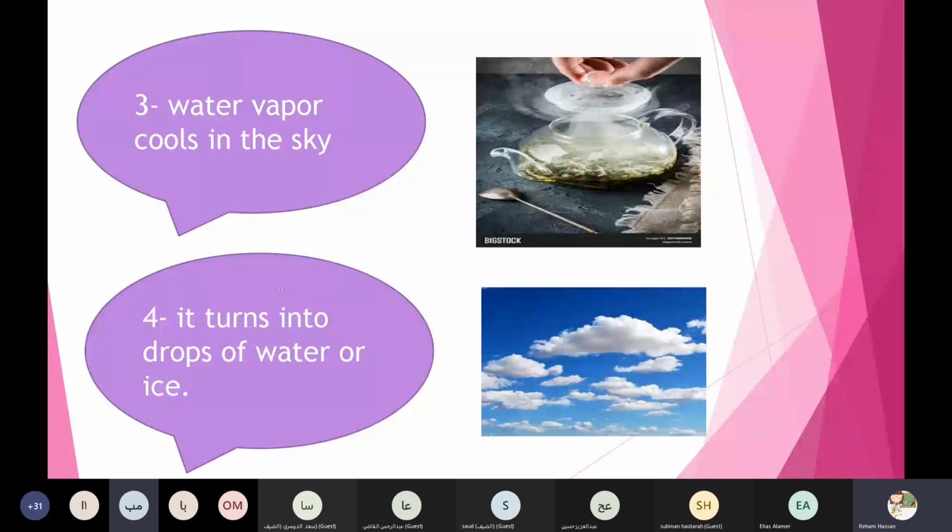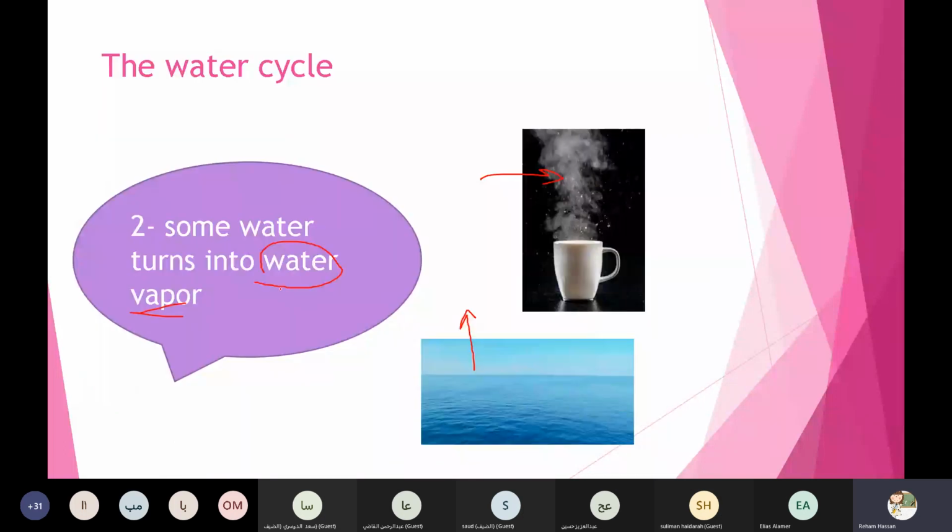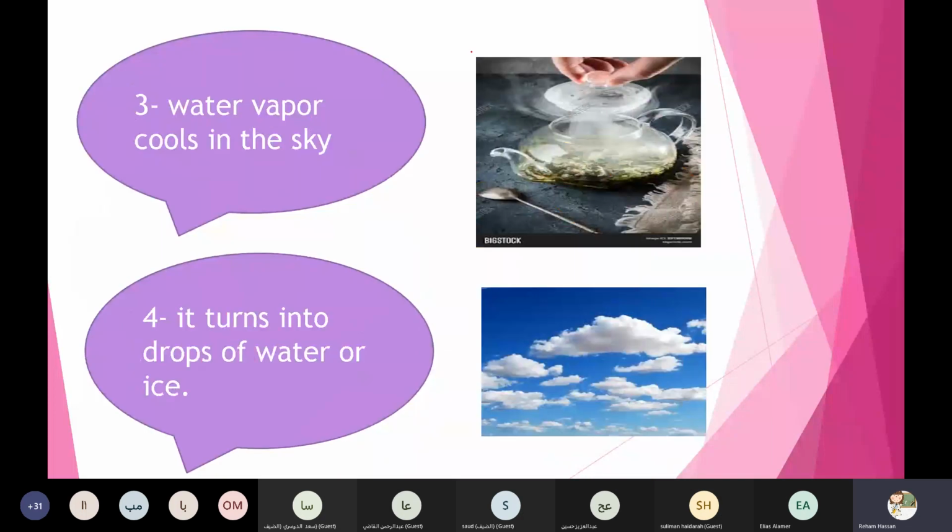Okay, listen to me now, grade 1. Some of the water turns into the water vapor. This water vapor rises in the air and then in the sky. It cools in the sky, like this picture.